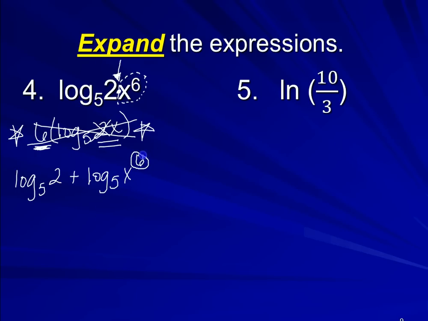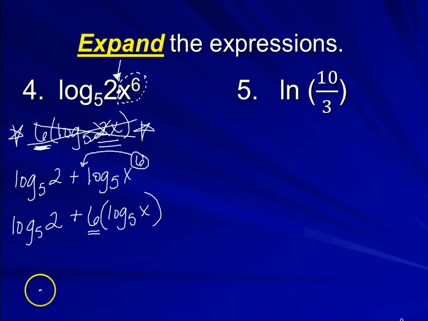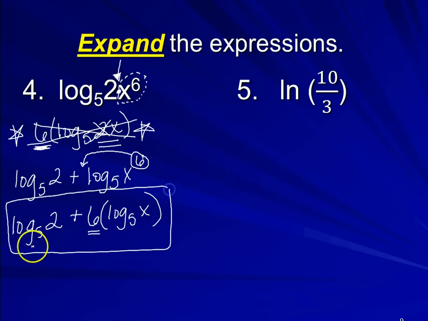And now, to finish my expanding, I'm going to pull my 6 to the front. But when I pull my 6 to the front, what do you recognize? It's only in front of the x. It has nothing to do with this log base 5 of 2 in the front. And that's how it needs to be. The 6 only belongs with the x, like we said up here. So expanding would be log base 5 of 2 plus 6 times log base 5 of x.